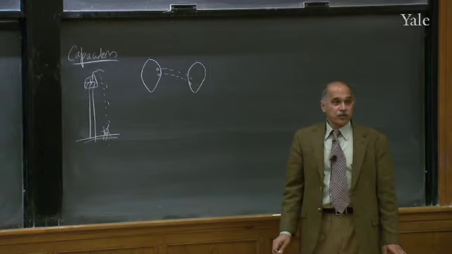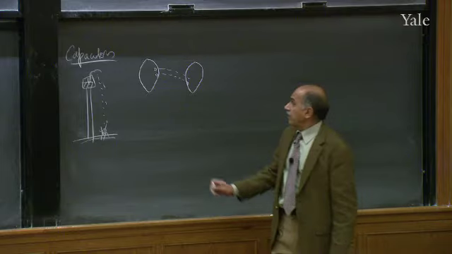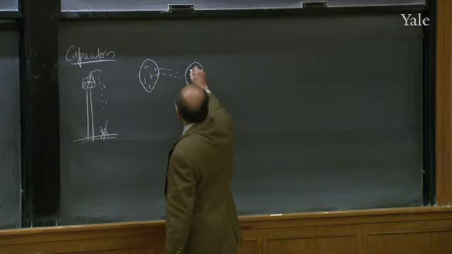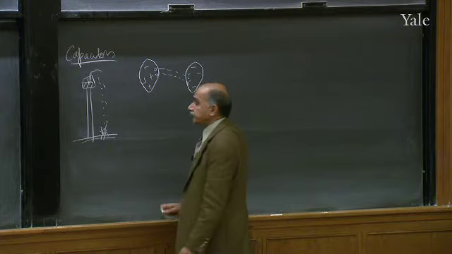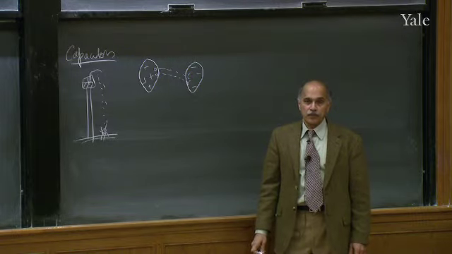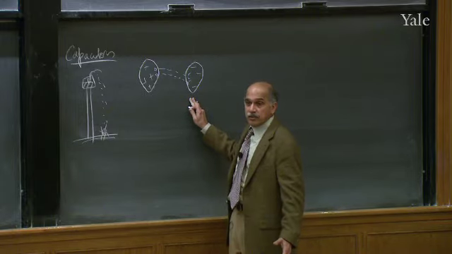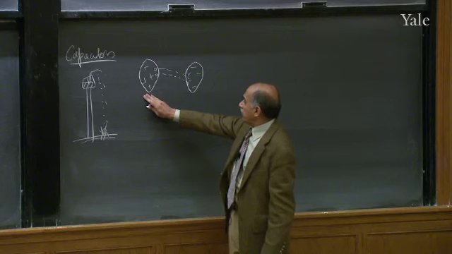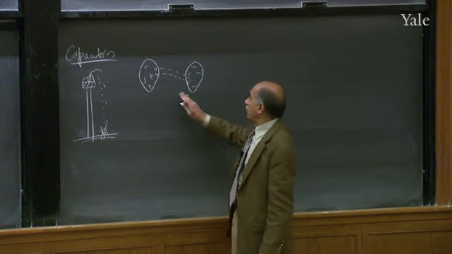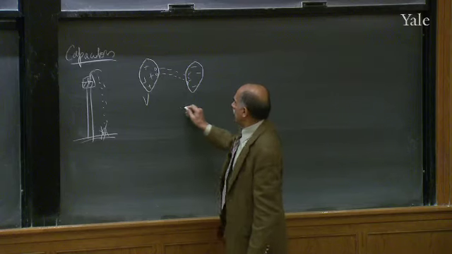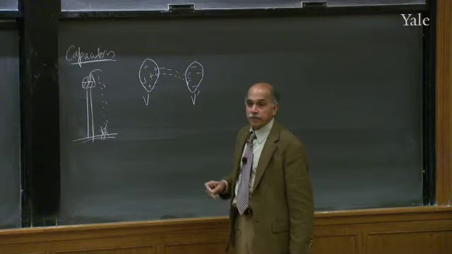At any stage, when you stop, you will have a lot of positive charges on this conductor and a lot of negative charges on this conductor. This conductor will be at one potential because it's a conductor. That conductor will be at another potential because it's a conductor. But both have unique potentials. They're not the same, but this whole conductor has one potential. This is another potential, V prime.